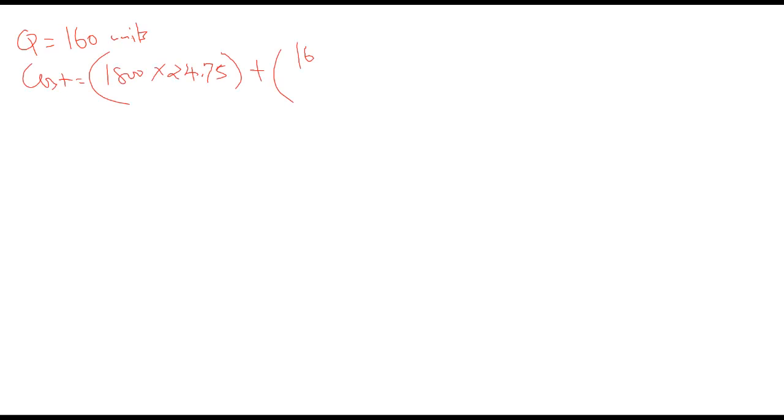Q now is 160 divided by 2. Holding cost is the same, 4.46. The number of orders per year is 1800 divided by Q, which is now 160, times the cost per order, which is also fixed, £40.